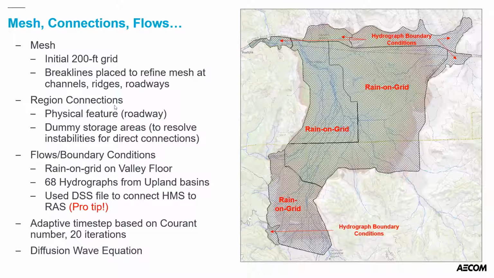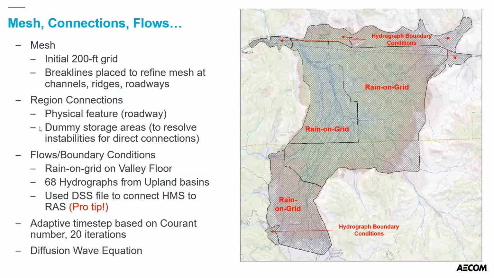The mesh initially was a 200-foot grid, and then we added break lines to refine it at all the channels. So there's a break line in our model on every blue line you see on this figure, as well as ridges and roadways.